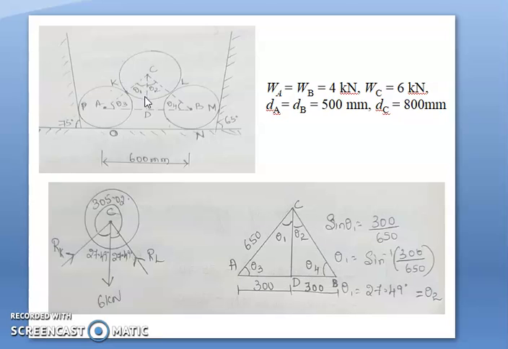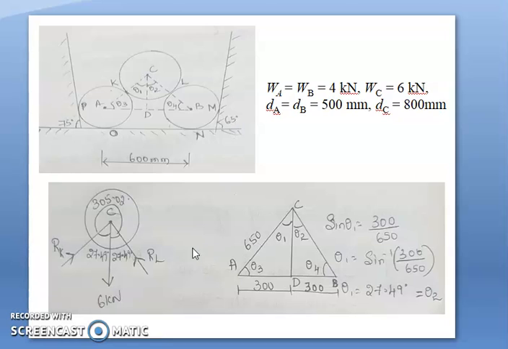From C I will drop a perpendicular which meets at D. Now if you see, ACD is a right angle triangle, again CDB is one more right angle triangle. Here if I drop a perpendicular from C which meets at D on the line AB, it should cut the line AB into equal halves, that is AD should be equal to DB, because these two are spheres, which are circular in shape, even though they are resting against walls with different inclinations.